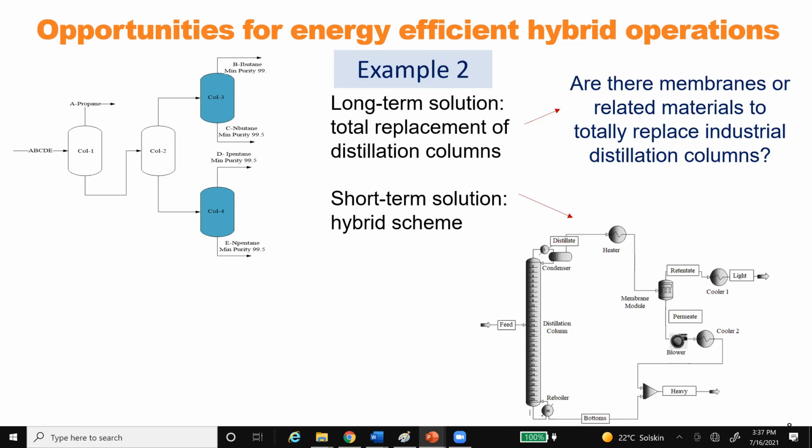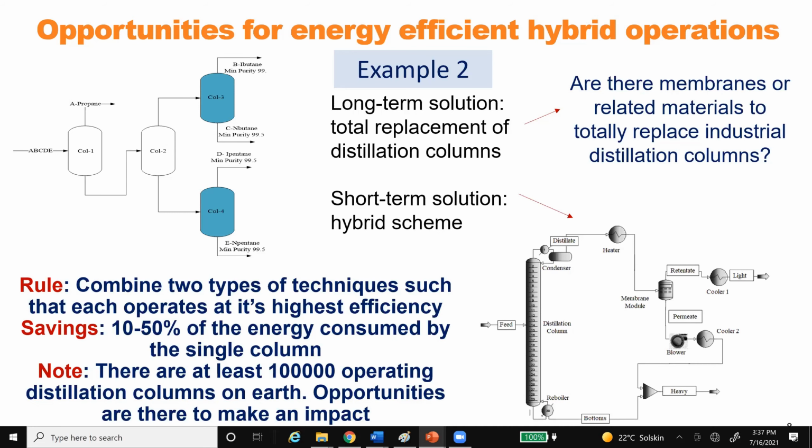So the rule for combining, not just membrane but another non-energy intensive process, if we want to make a hybrid of this, is to combine 2 types of techniques such that each operates at its highest efficiency. So the distillation will operate at its highest efficiency. The membrane or adsorption will operate at its highest efficiency.